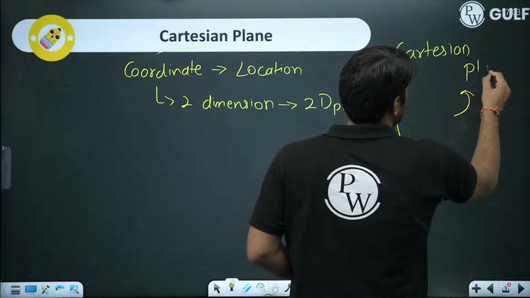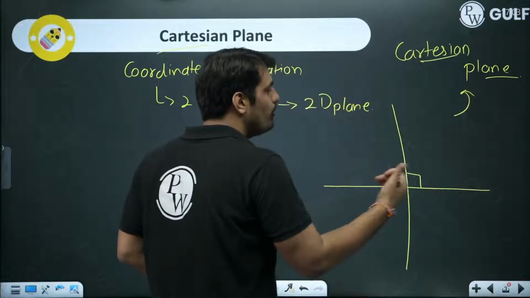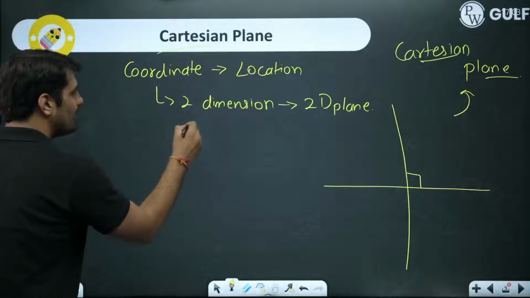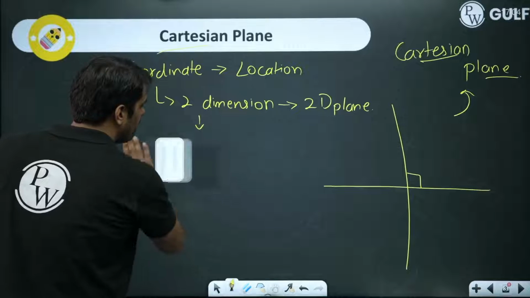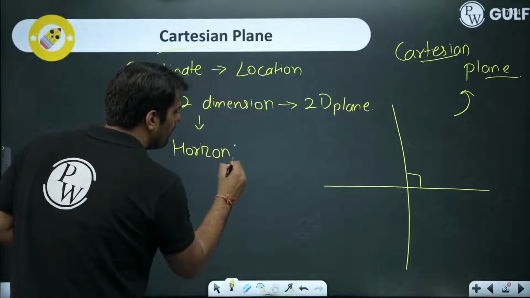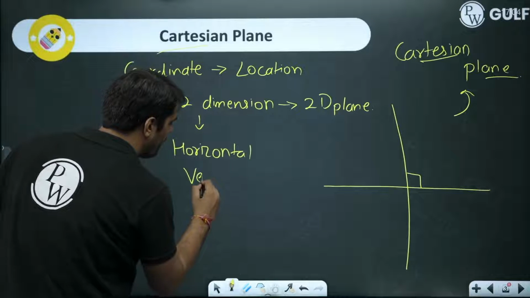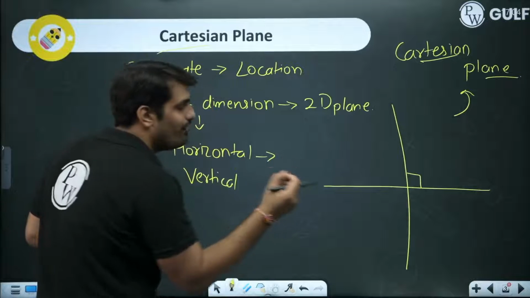What do we have in a Cartesian plane? We have two axes, two dimensions: a horizontal one and a vertical one. In both cases, we define some reference point.